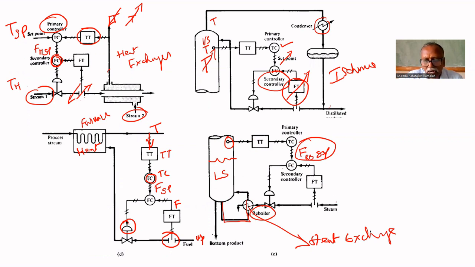For that reboiler, the steam flow rate is measured here. If there is any change in flow rate of the reboiler, it will be regulated by this valve by the flow controller. The set point for the flow controller is given by the primary controller. That is scheme 2. So in both ways we can implement cascade control.